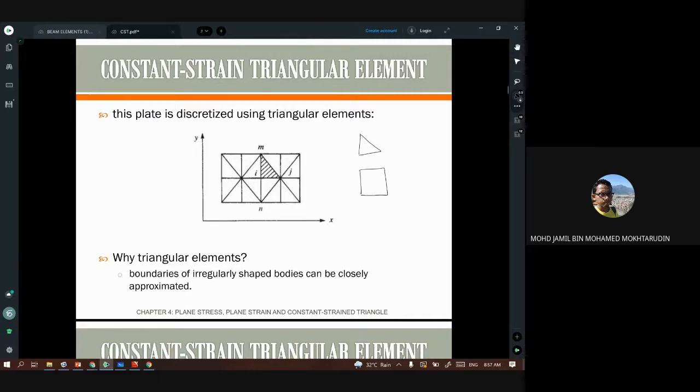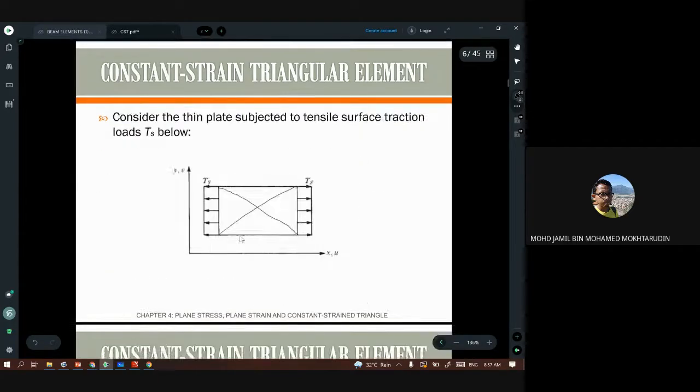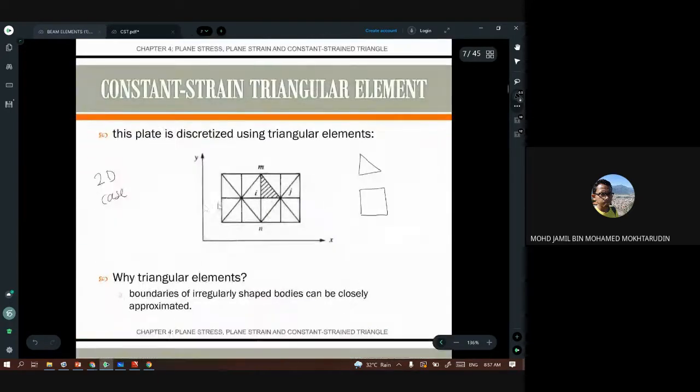These are for 2D cases. So for a 2D case, we use a triangle or a square. But in this topic, we are going to focus on the triangle. If you are interested to know about the square or quadrilateral element, you can read about it by yourself. It is not going to be covered in this course.